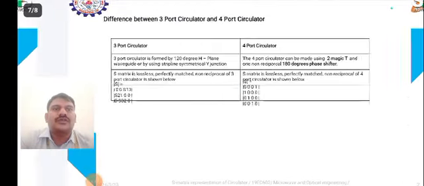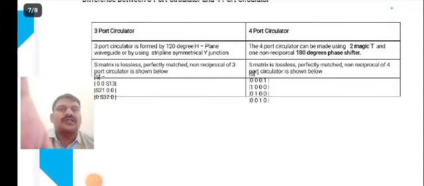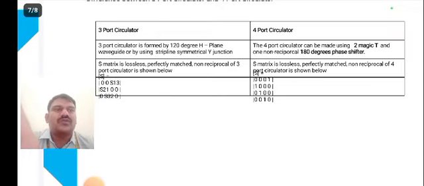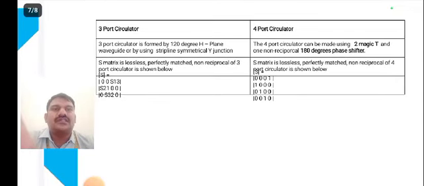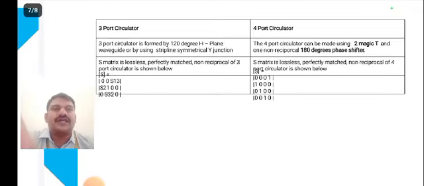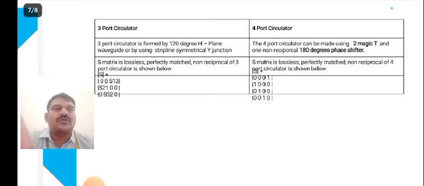So this is about the difference of 3-port and 4-port circulators. The 3-port circulator is formed by 120-degree waveguides using a simple strip-line symmetrical Y junction, whereas a 4-port circulator can be made by two magic Ts and one non-reciprocal 180-degree phase shifter.